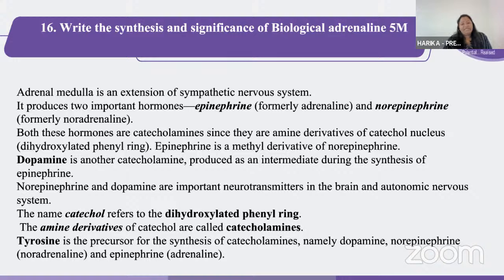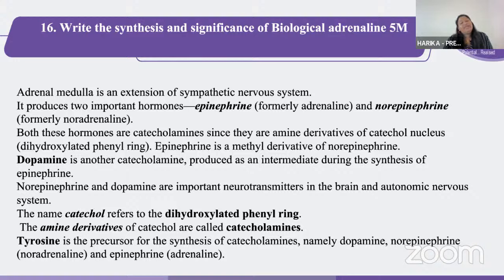So epinephrine is a methyl derivative of norepinephrine, which means adrenaline is a methyl derivative of noradrenaline. And dopamine is also another catecholamine which is formed during the synthesis of epinephrine, and this dopamine acts as an intermediate.